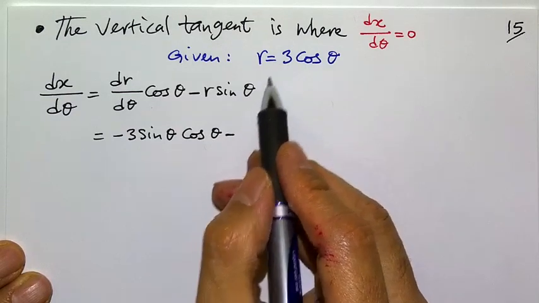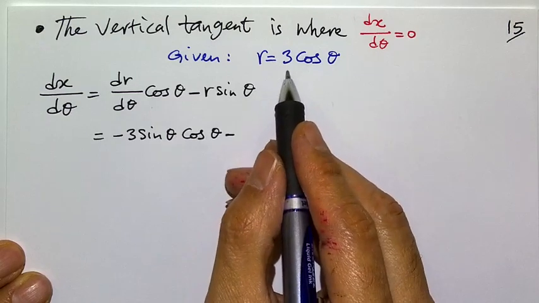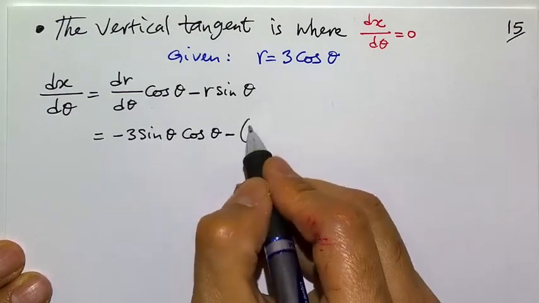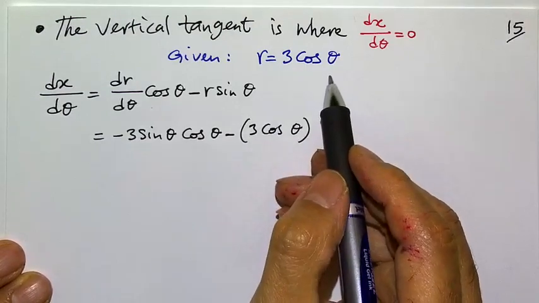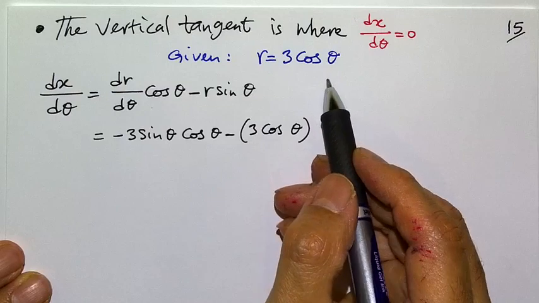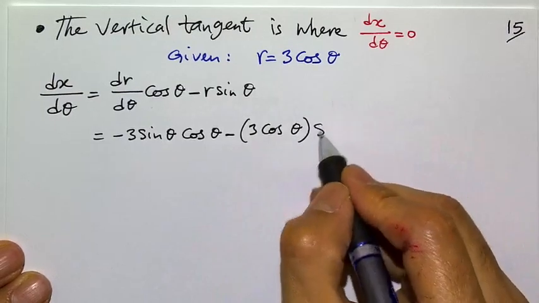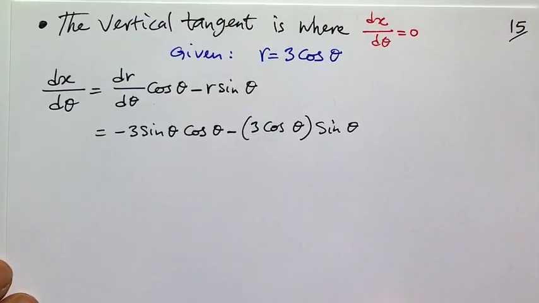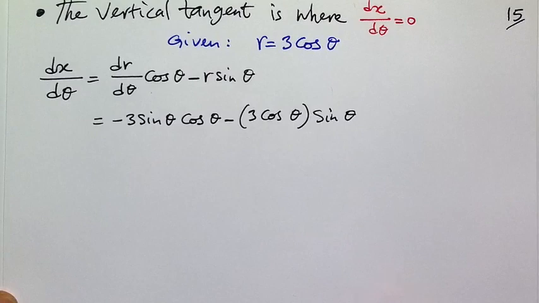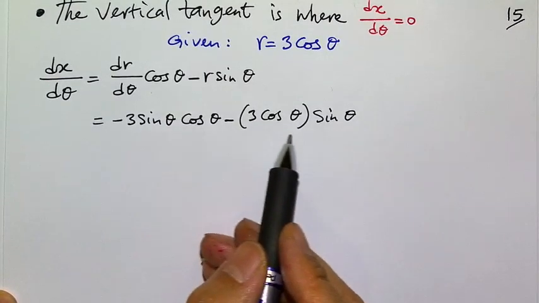Minus 3 cosine theta times sine theta. Okay. All right. So now let us simplify here.